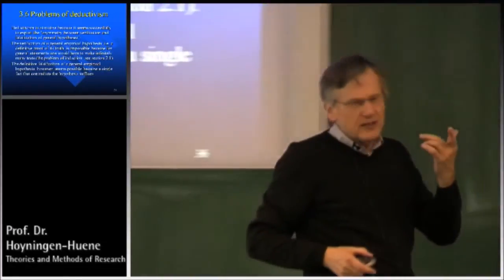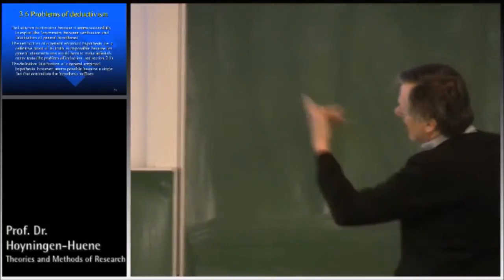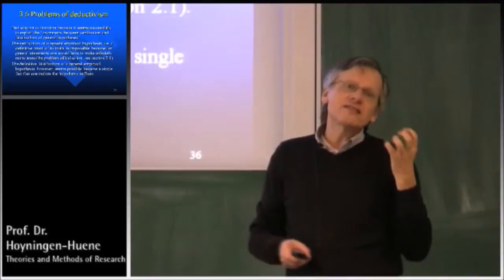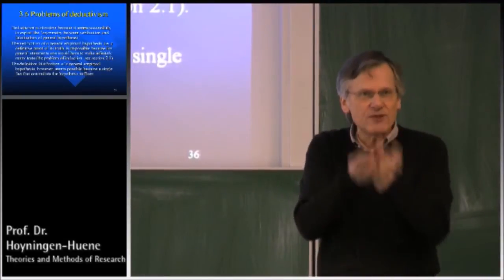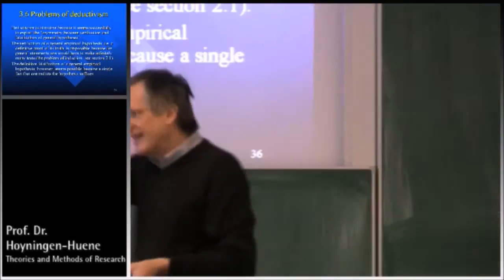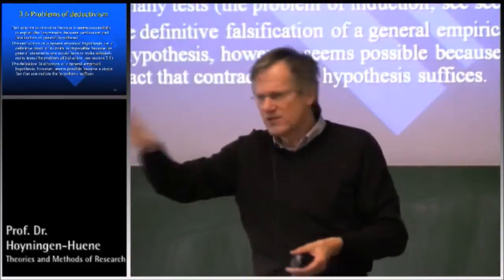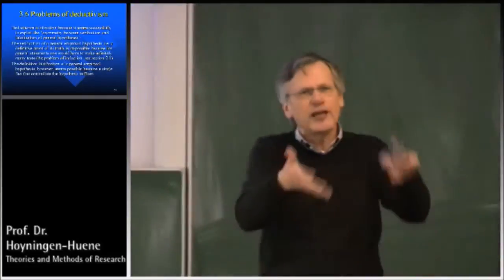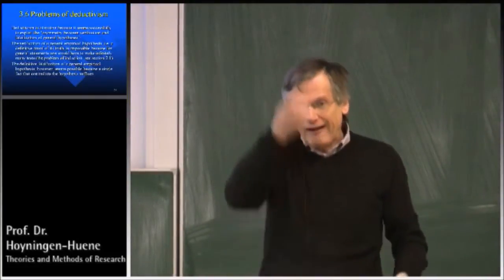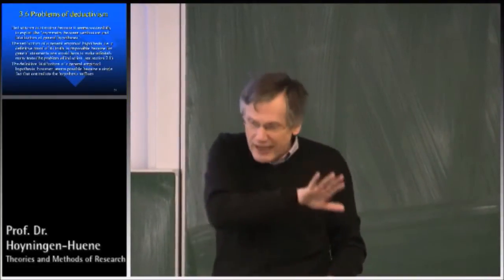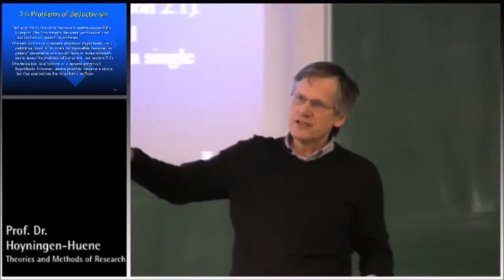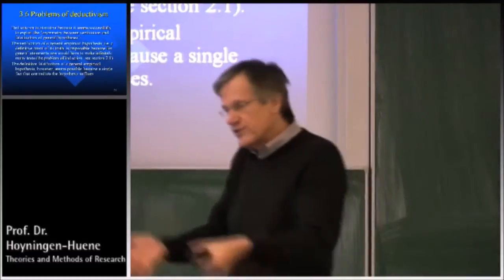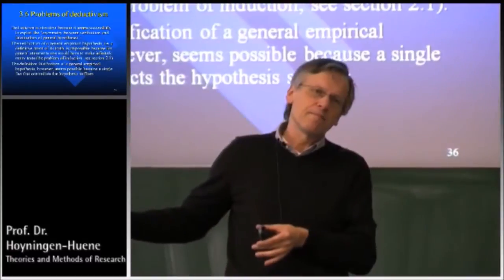So what deductivism does, and now possibly you understand the sentence a little better, is exploit this asymmetry. It lives from this asymmetry by telling you, forget about verification. It doesn't work. We can't do it, but here's something we can do as finite human beings. We have one counterexample, and then we can definitively eliminate a hypothesis. And what remains with us are hypotheses that are fallible, of course, but we continue testing them.